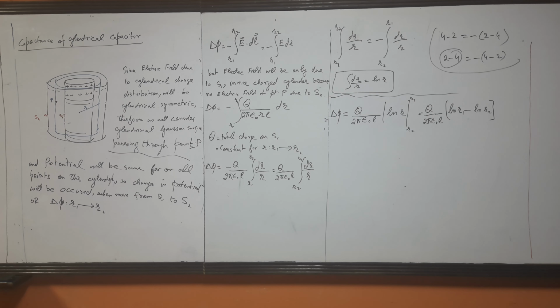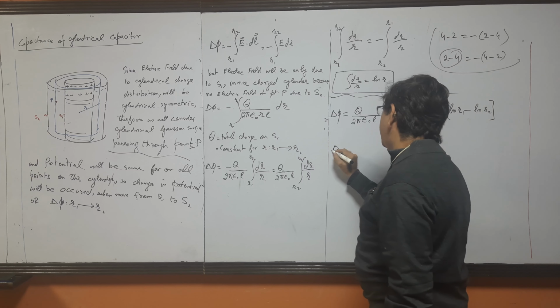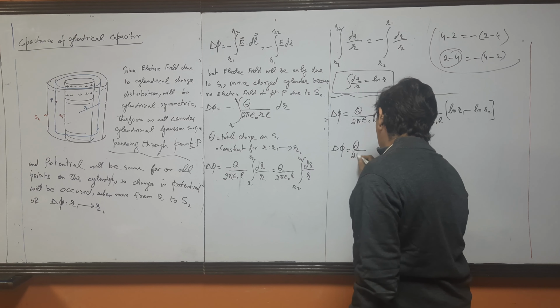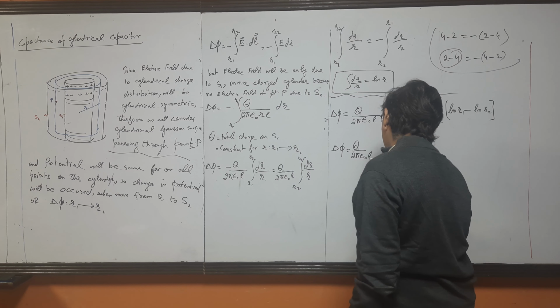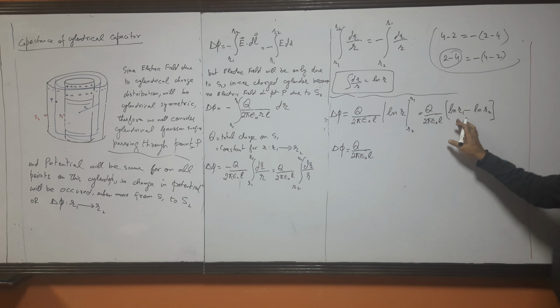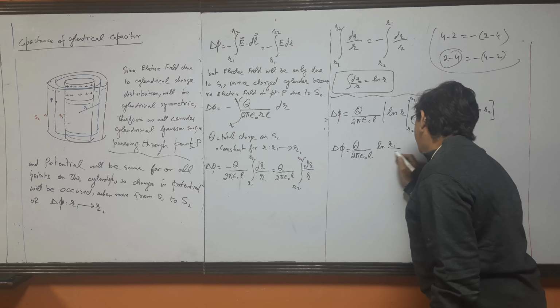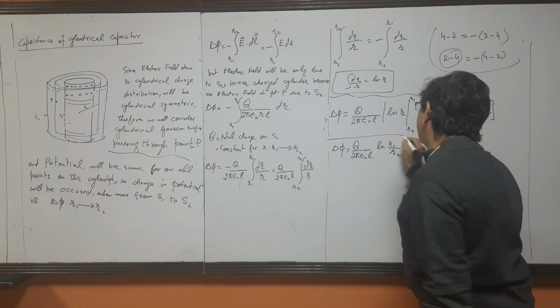And this delta phi will be equal to Q over 2 pi epsilon L times log of R1 divided by R2. This is a mathematical formula. Yes?